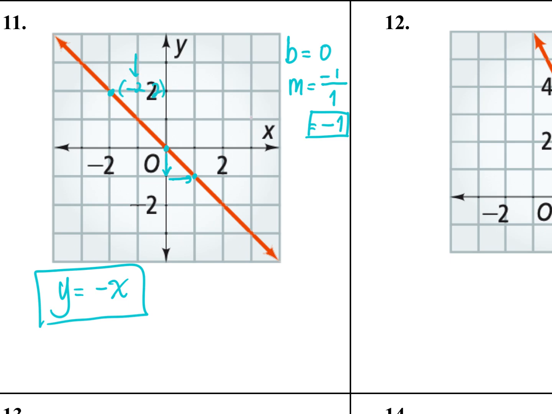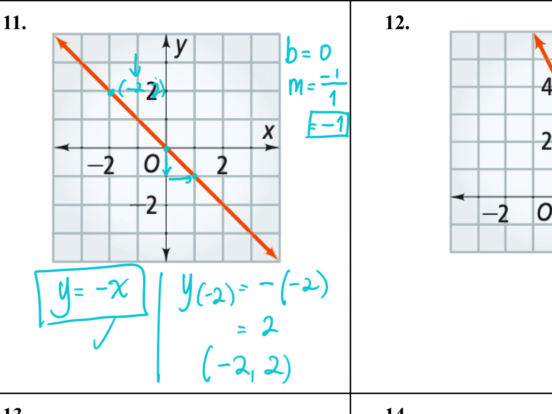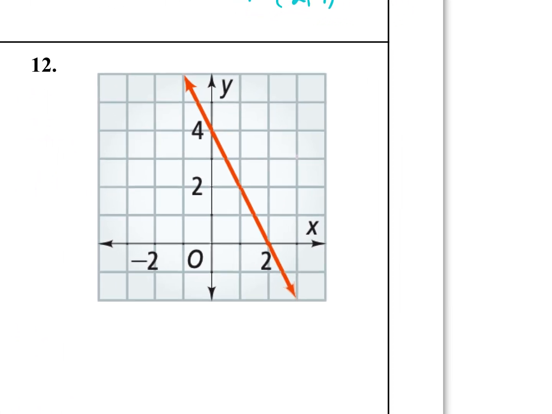So if we're going to put in -2 as our x value, it should give us +2. So let's look at that one. y of -2 is equal to negative multiplied by -2. Yes, it's correct. It's going to give you 2. Therefore, we have this point (-2, 2). Therefore, our equation is correct.